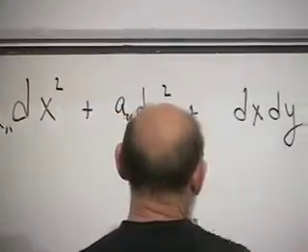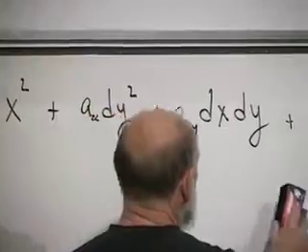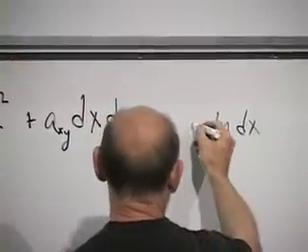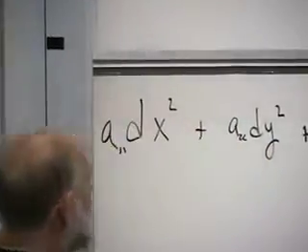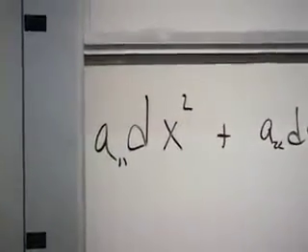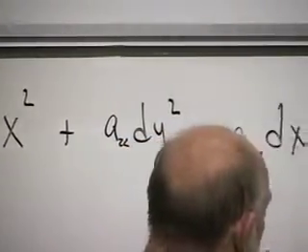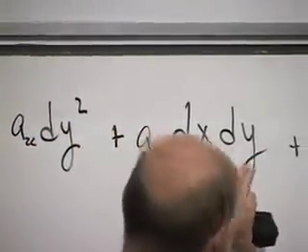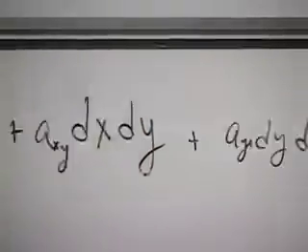This one we could call AXY. And this one we could call AYX. Notice that AXY and AYX are exactly the same thing. I simply took the coefficient of dx dy and split it between two terms, one which is dx dy and the other which is dy dx, just to symmetrize it, just to make it nice and symmetric.